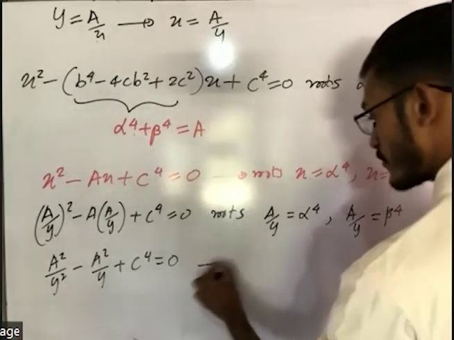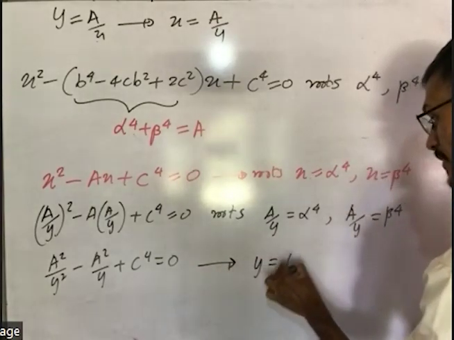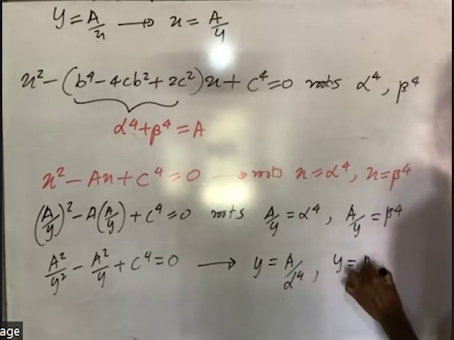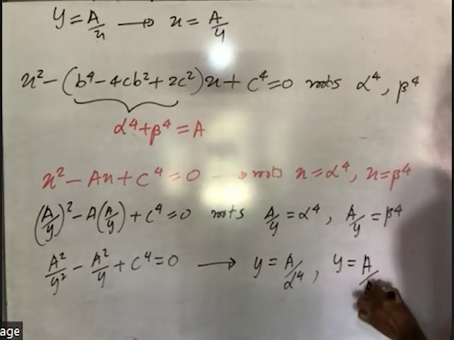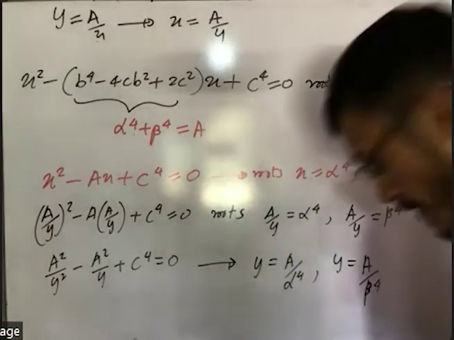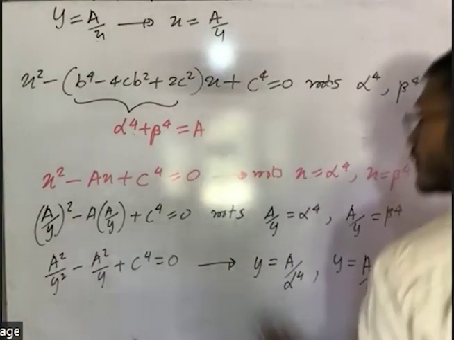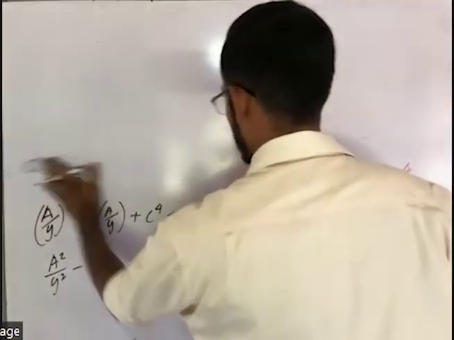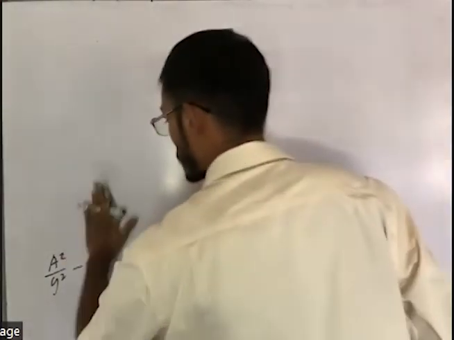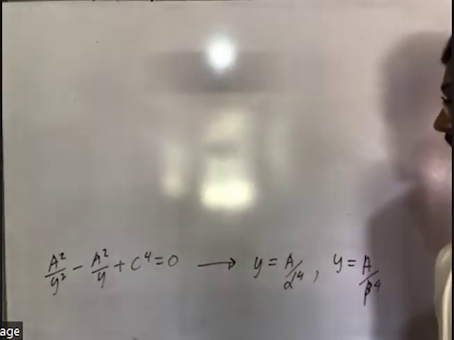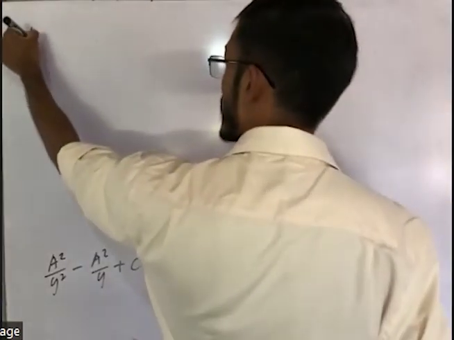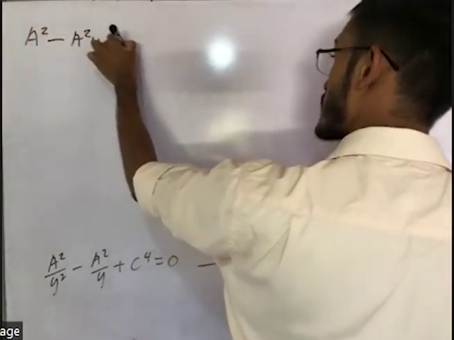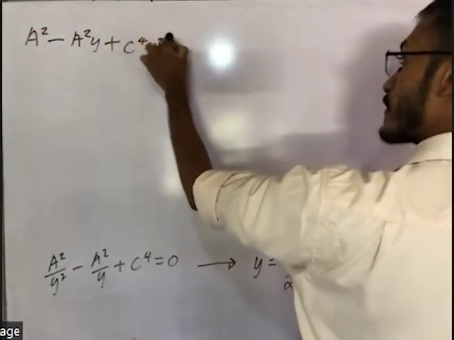So here roots, you will get the roots y equal to a over alpha to the power 4, y equal to a over beta to the power 4. Right. Now you can simplify this and get the answer. It is simple. So if you multiply both sides by y square, you will get a square minus a square y plus c to the power 4 y square equal to 0.